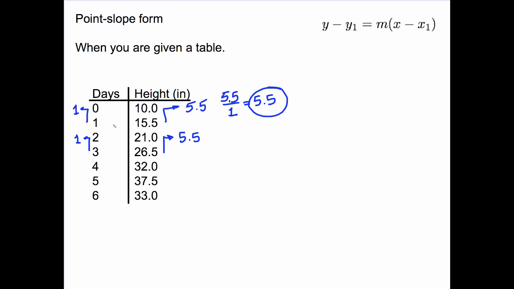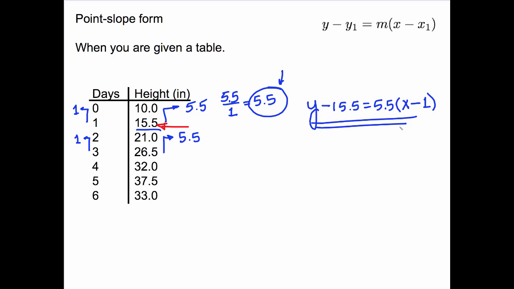And then we simply use any one of these points or table entries to write the equation. So we might use this second table entry here to write the equation, and the equation would look like this: y minus y1, that's going to be 15.5, equals m, the slope, 5.5, times x minus x1, which in this case is 1.